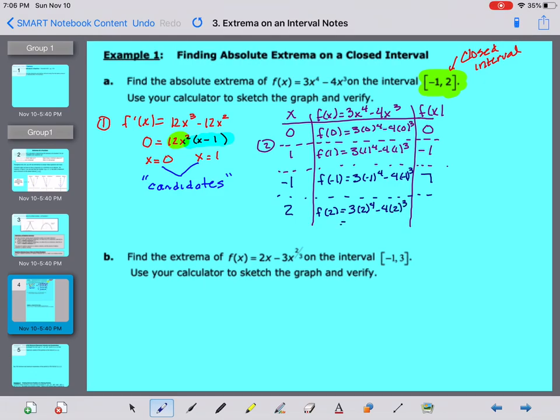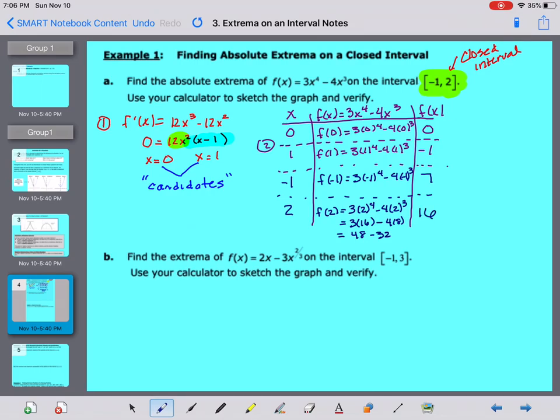That's a little larger calculation, so I'm going to take an additional step. So 2 to the 4th gives us 16. 16 times 3 will give us 48 minus 4 times 8, which would give us 32. If we subtract those, 16.